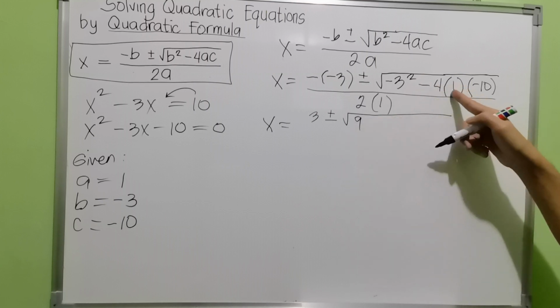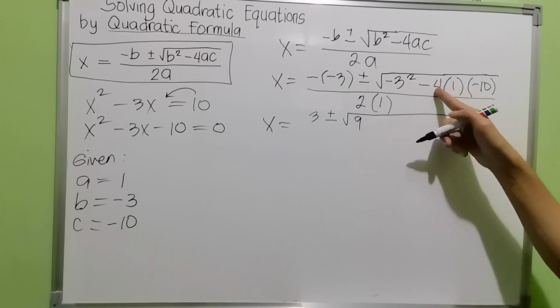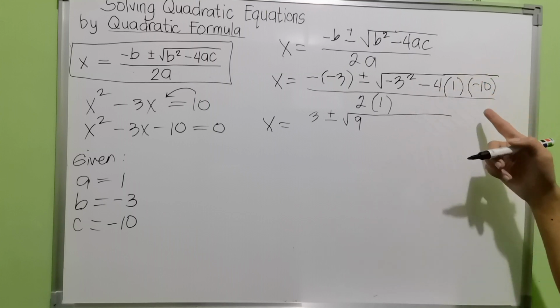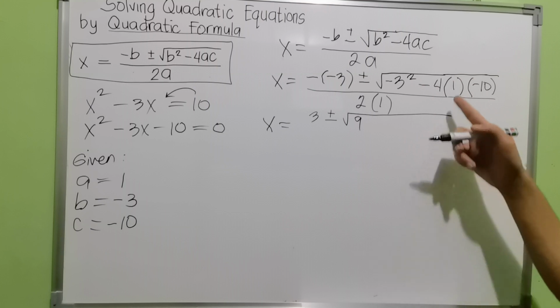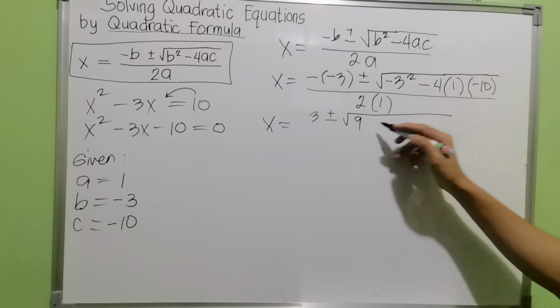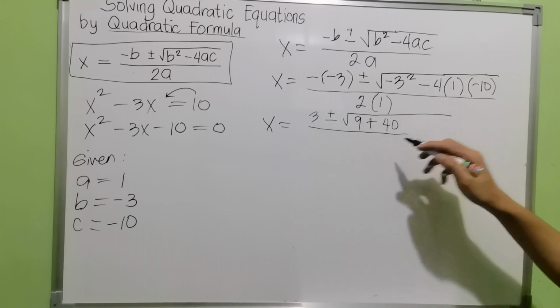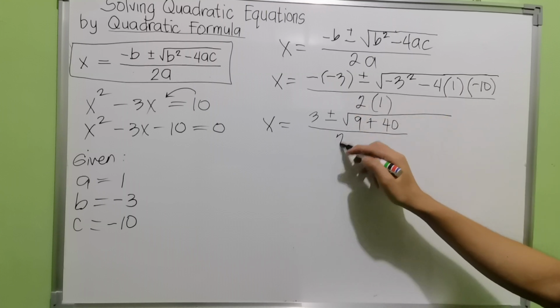Negative 4 times 1 is negative 4. Negative 4 times negative 10: negative times negative becomes positive, so it is positive 40. Divided by 2 times 1, which is 2.